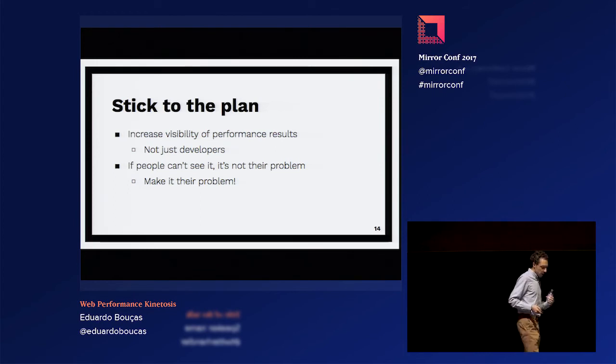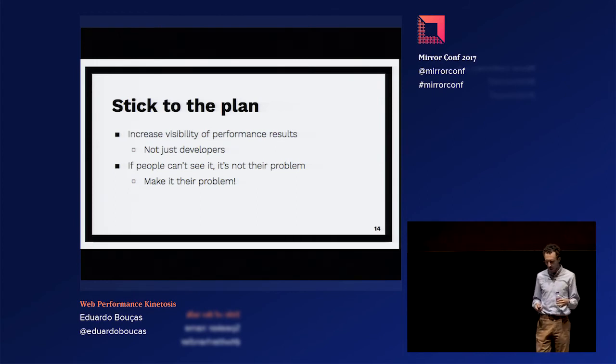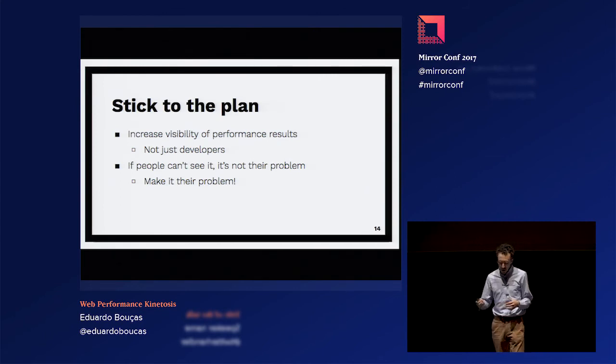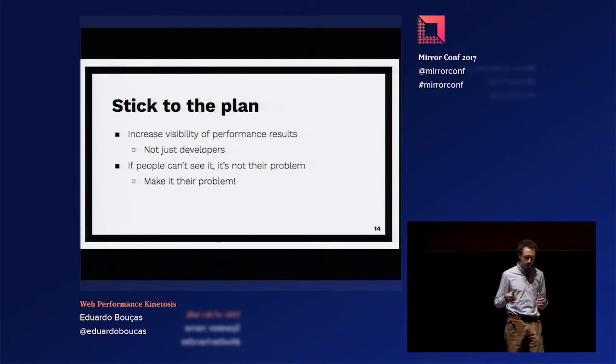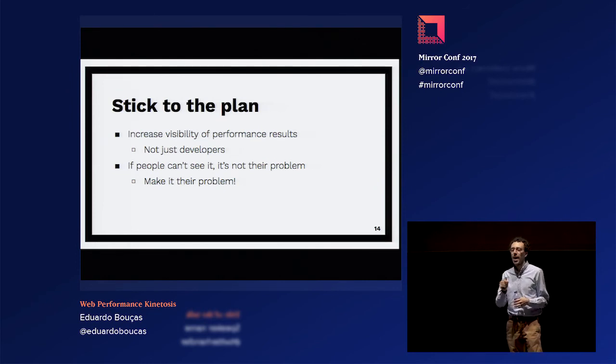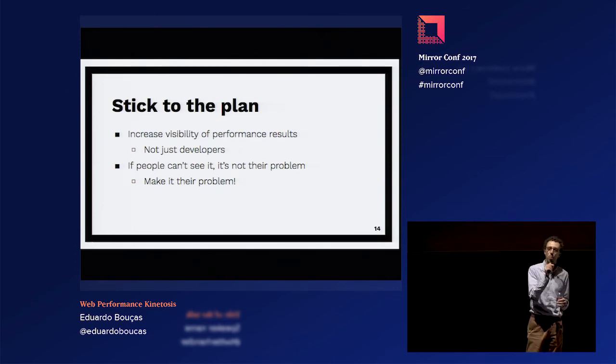And when I was looking at solutions for this, the first one was visibility, so non-technical people don't easily have access to this information. And the other problem was that tools like web page test or browsers, they provide you with a snapshot of how well your website is performing at a specific point in time.